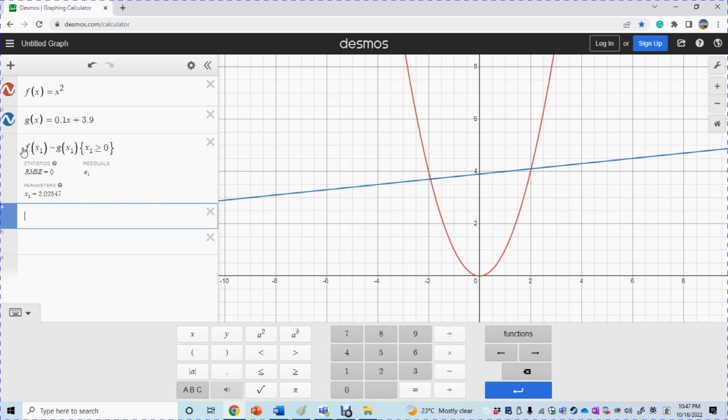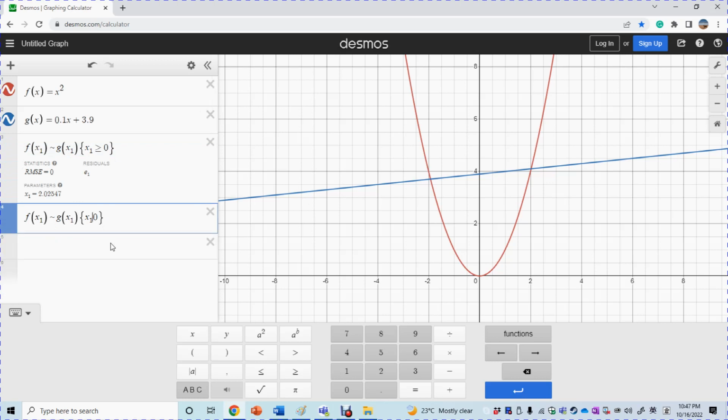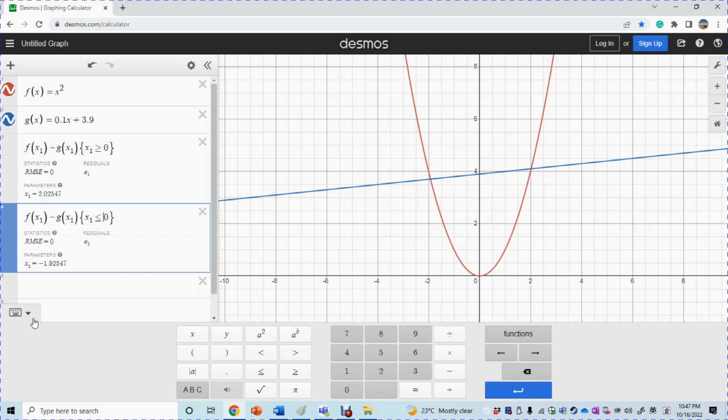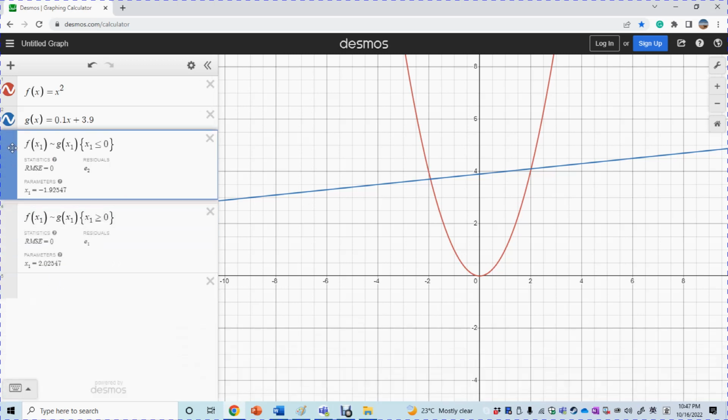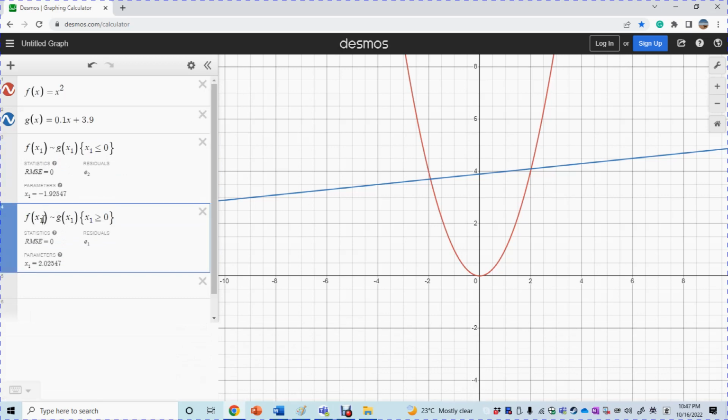But what if I want to find the one less than 0? You can do it here. You just copy and paste, but this time set it to less than 0. Then you get another one. Because that's another point, I'm going to swap them, because I would like this one to be my x1, which is the alpha value, and the next one to be my beta value.